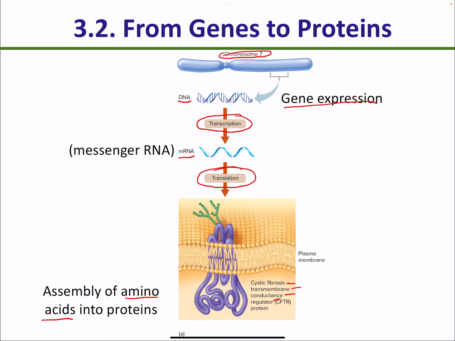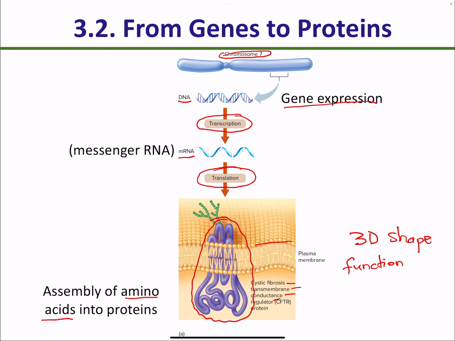That protein is going to undergo folding. So it goes from primary structure to tertiary structure. And that tertiary structure is nothing but a 3D shape. That 3D shape is essential for the function of that protein. Now, once the protein is produced, it adopts a 3D shape. That protein is going to come and embed in the plasma membrane.